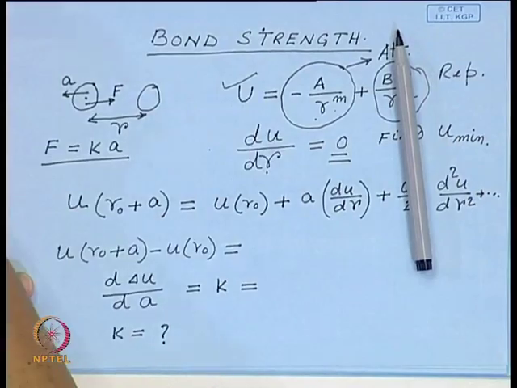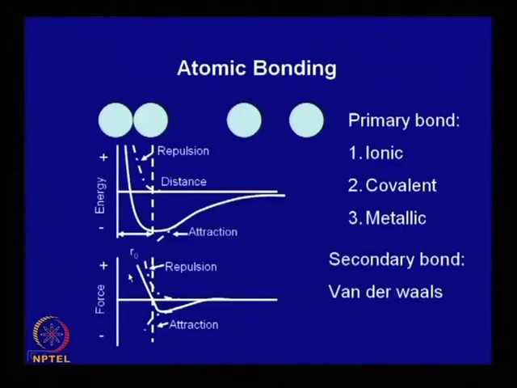And pictorially, if we come back and differentiate this, at this equilibrium position the net force acting on it is 0. Equilibrium means there is no force acting on these atoms, it is 0, which is shown here.